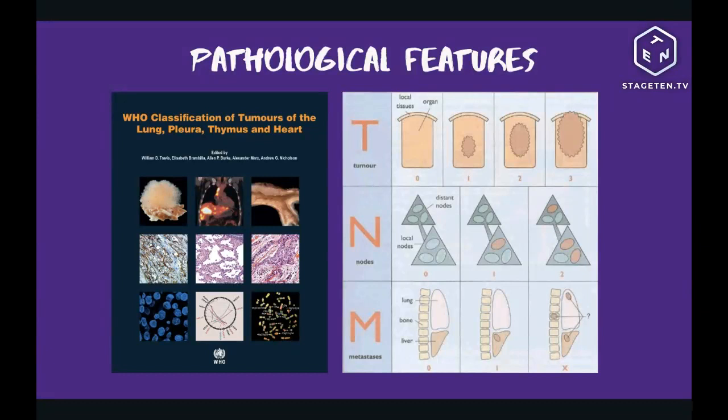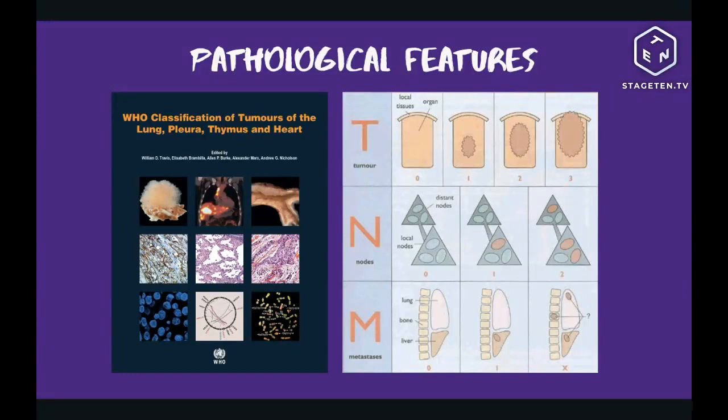When we speak about M, it means metastasis, and this one is way simpler. It's either 0, meaning that there are no metastases in the organism, 1, the presence of metastasis, and X, which means that there are several areas where metastasis may be present, but they can't be diagnosed, and that is the problem.